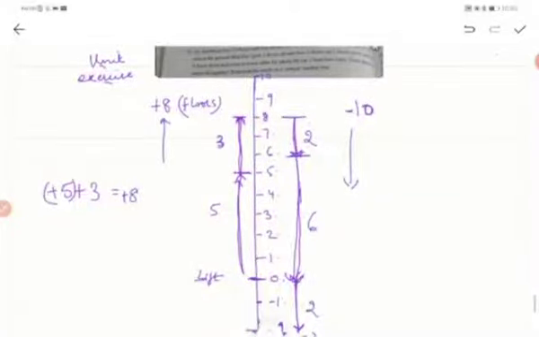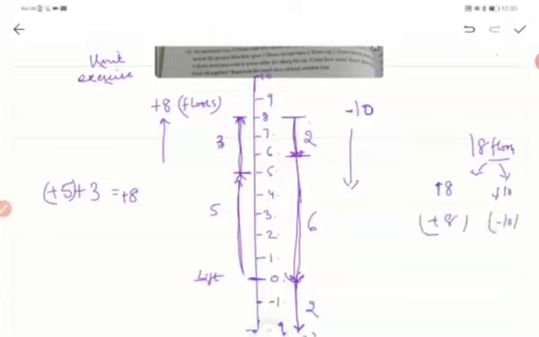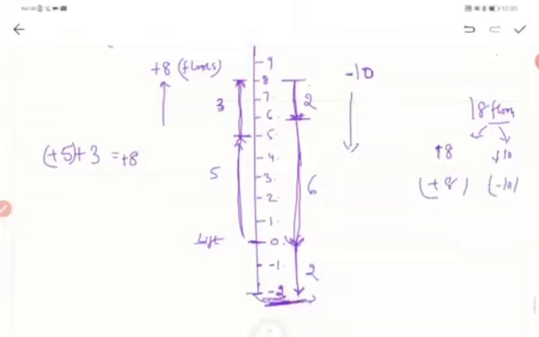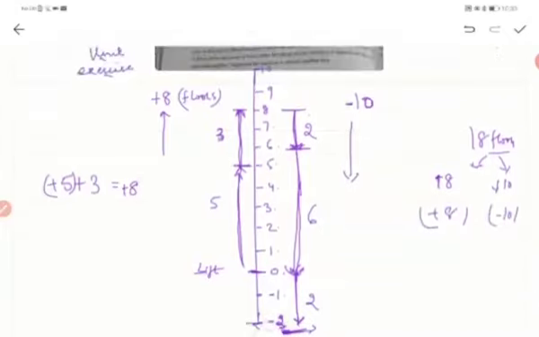So overall he traveled 8 plus 10, totally 18 floors. Out of 18 floors, 8 floors he traveled upwards and 10 floors he traveled downwards. I can represent this as plus 8 and this as minus 10, or with the arrow mark also you can represent.